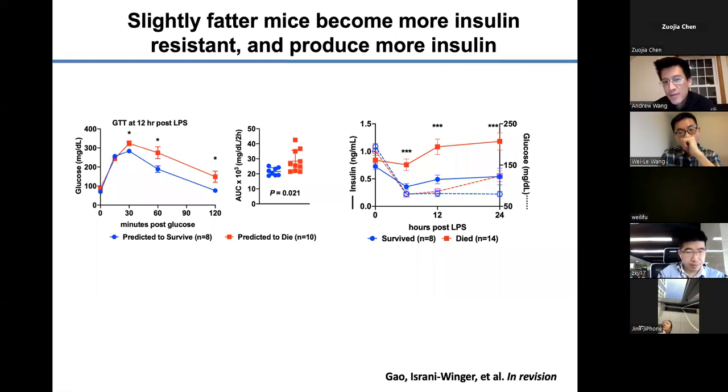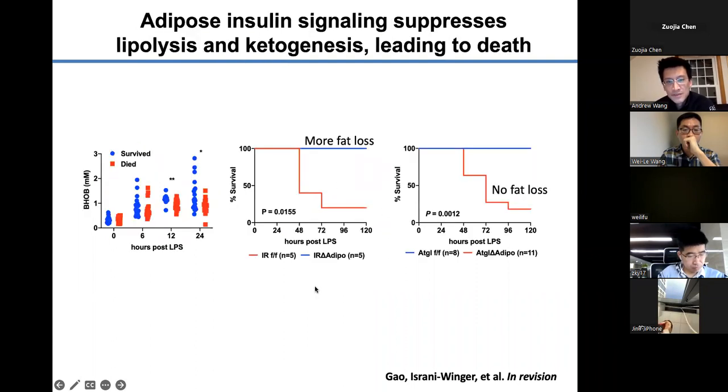If you then measured insulin, by ELISA, and at the same time measured glucose, you could see that the mice that ended up dying, like we saw in our screen, made significantly more insulin over the course of LPS, but the level of glucose, surprisingly, was not different, consistent with the idea that they are more insulin resistant.